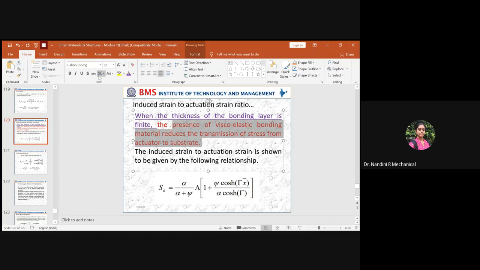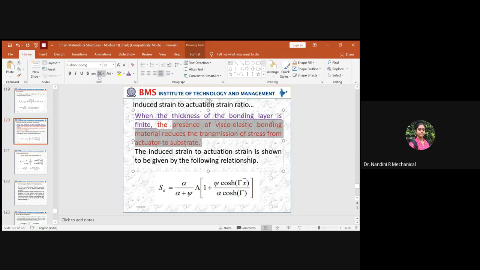If you don't have a bonding layer, then what happens? The direct stress will be transmitted to the structure, so the structure will have a larger deformation. Usually we use the bonding layer so that the maximum strain is induced in our piezo element and the strain induced in the structure is very small, which we can assume as negligible.